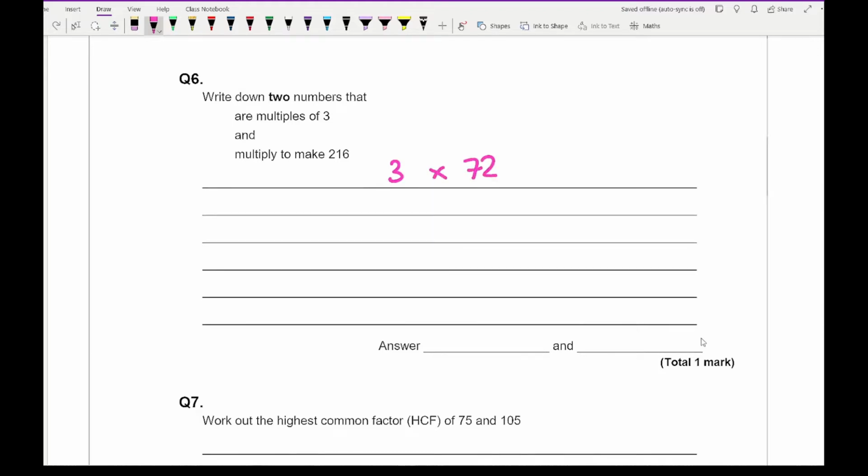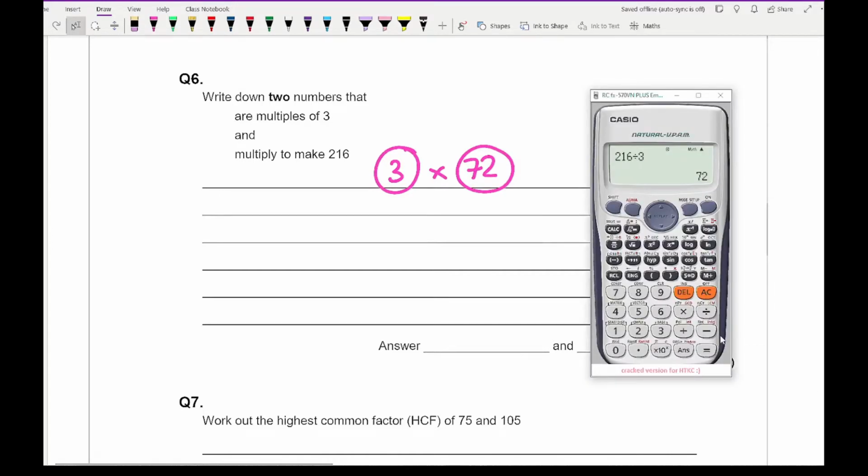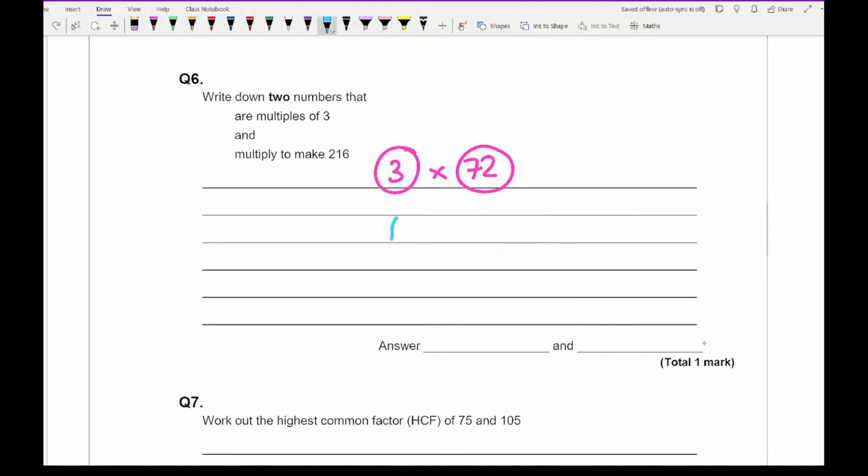So I could have that as one possible set of answers. But there are others I could potentially use. For example, I could do 216 divided by 6, because I know that's a multiple of 3. That's 36. So I could have 6 times 36. So those 2 numbers are possible answers.